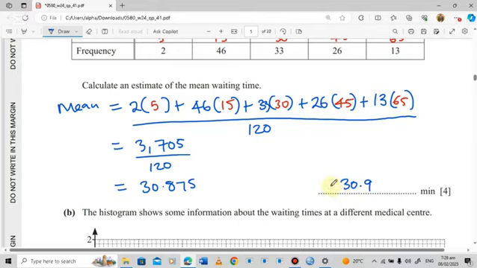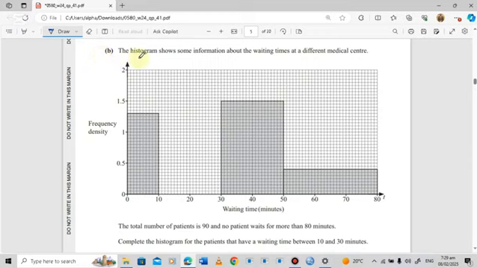All right, but B says the histogram shows some information about the waiting times at a different medical center. So this is a histogram. They are saying the total number of patients is 90. So this is the total frequency, and no patient waits for more than 80 minutes.